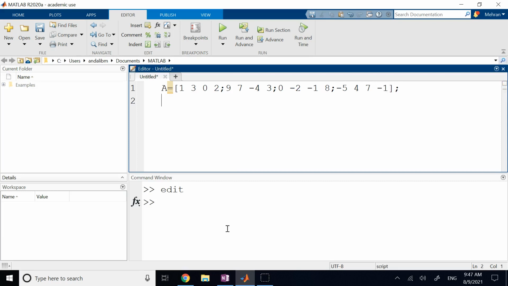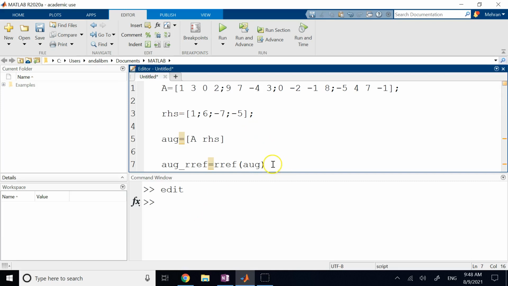So this is your coefficient matrix, and then your right hand side is, let's say, 1, 6, -7, and -5, right? So your augmented matrix is going to be A side by side with the right hand side, and then you can say the augmented matrix reduced row echelon form is equal to RREF of the augmented matrix.